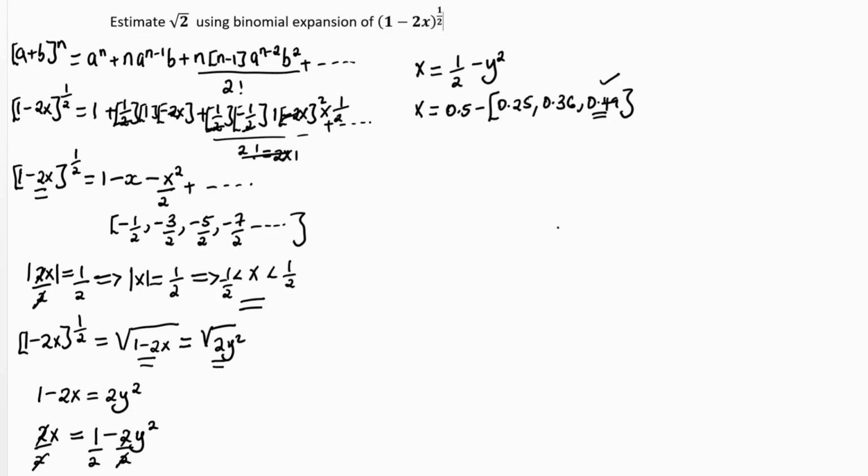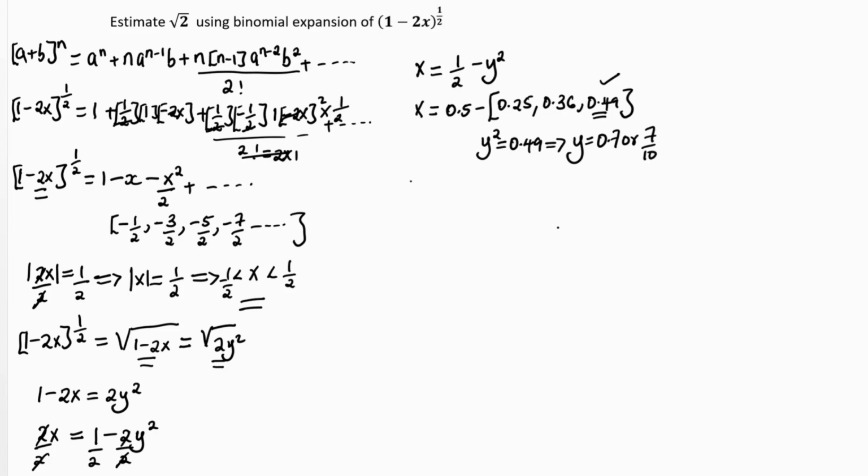So 0.49 will be our best answer. So we're going to take 0.49. So that is y squared equals 0.49. Therefore, y is equivalent to 0.7 or 7 over 10.